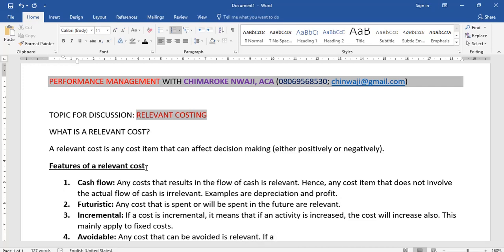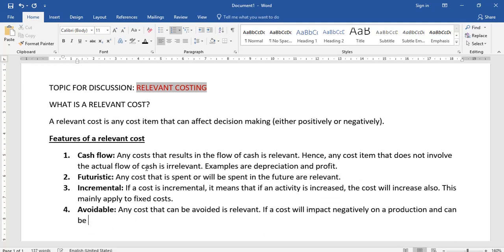If a cost will impact negatively on production and can be avoided, management can decide to avoid that cost.